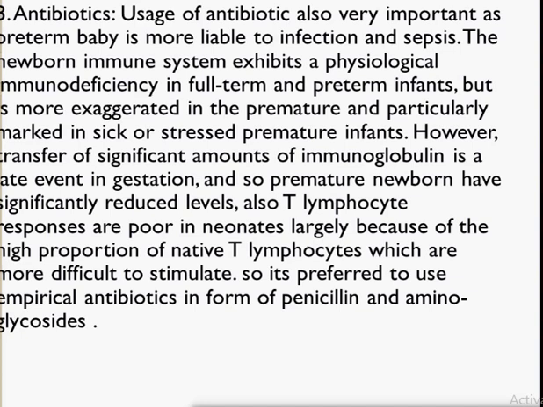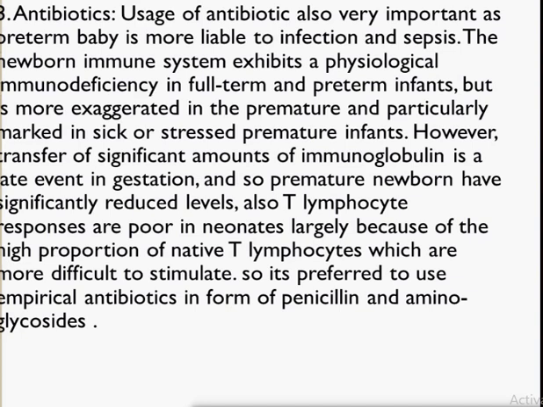Why is immunity decreased? We all know that immunity in the human being is of two types, humoral and cellular. The humoral is represented by immunoglobulins. The largest amount of immunoglobulin transfers in the last trimester. With premature labor, we lose the transplacental transfer of immunoglobulin, so we lose one line of immunity.